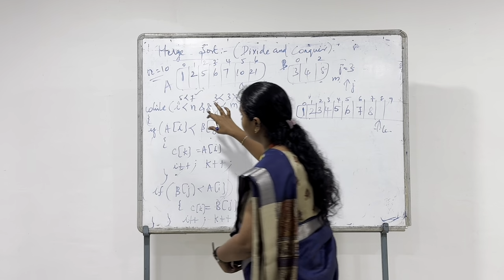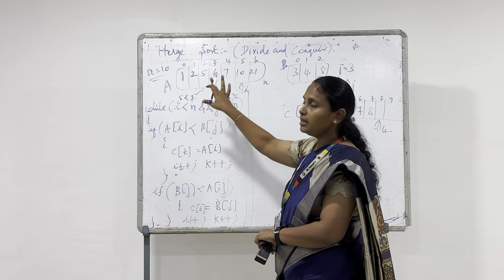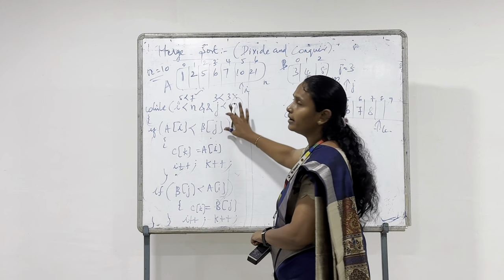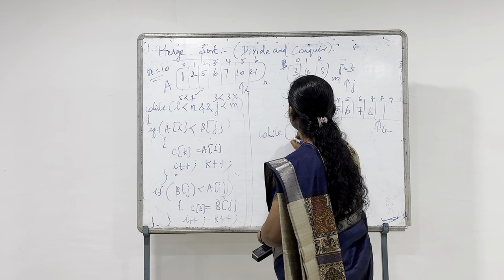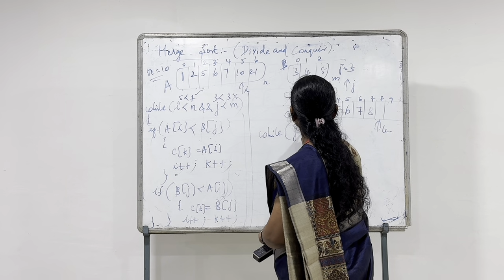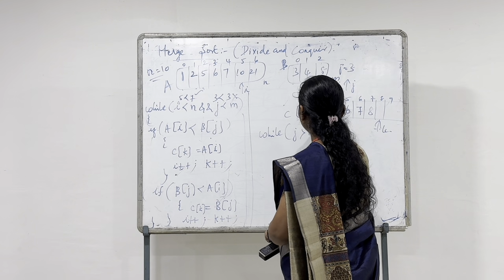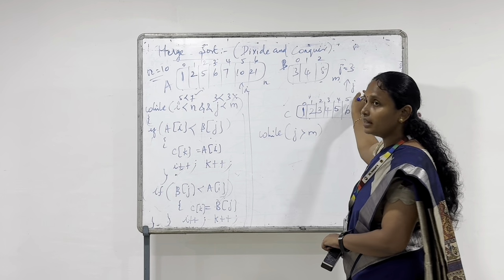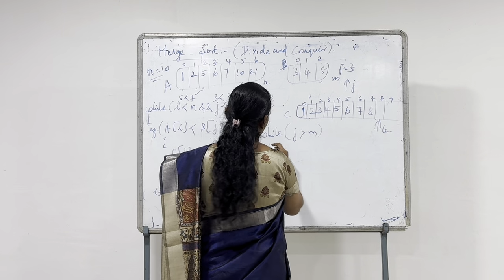This is one code. If I is less than the array length and J is less than the array length. For example, if J is greater than M, what happens if J is greater than M? We need to move all the remaining elements of A array to C array.